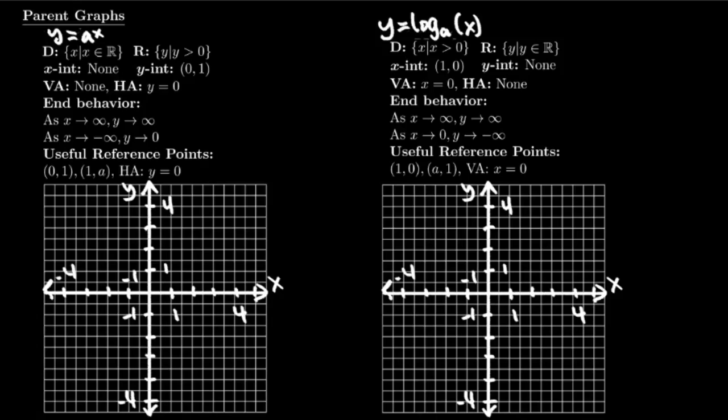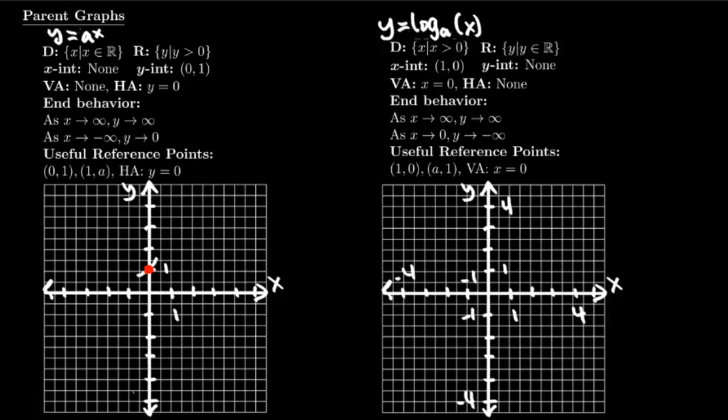The graph of something to the x power, I'm just going to label some of these points. You're always going to have an intercept right there.